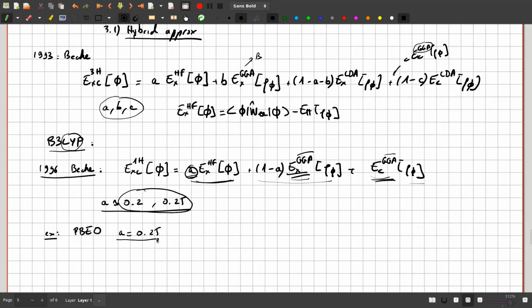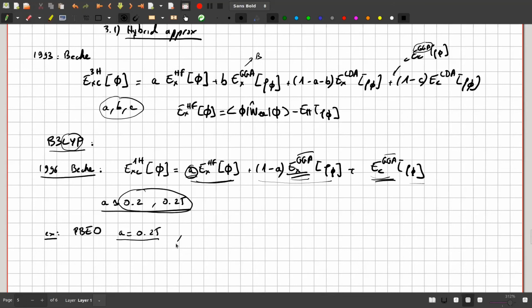In this case, it is not a fitted parameter. It is fixed to this value without trying to optimize it. And for this reason, it is called PBE0, because it means there are zero fitted parameters.